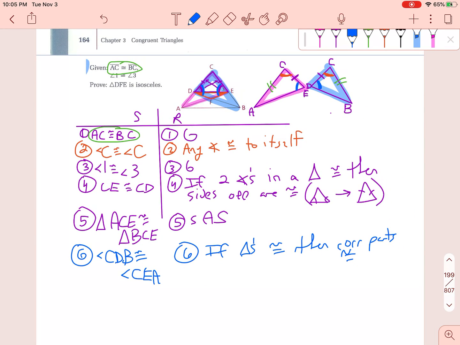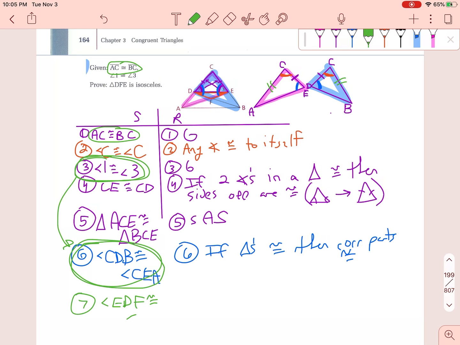And then my last step is, because I know, I'm going to circle this in green, because I know angle 1 is congruent to angle 3, and because these bigger angles are congruent to each other, then I know that angle EDF is congruent to angle DEF.